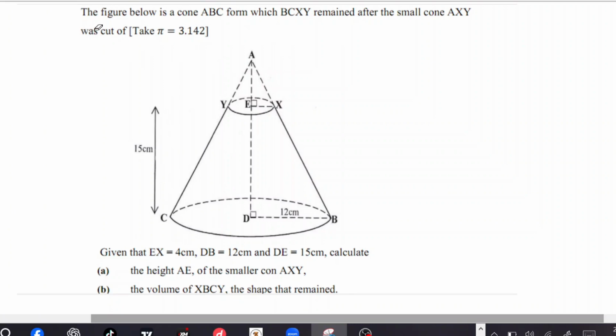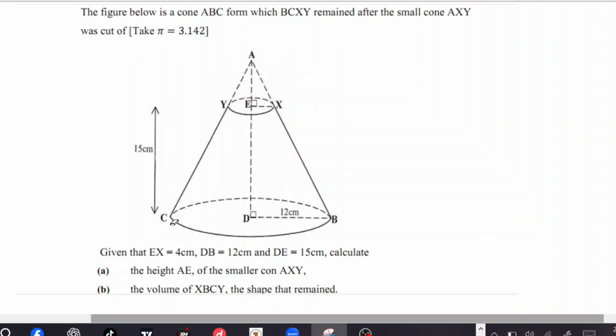So this question says, the figure below is a cone ABC, from which BCXY remained after the small cone AXY was cut off. Take pi as 3.142. So we have A, B, C as our cone.